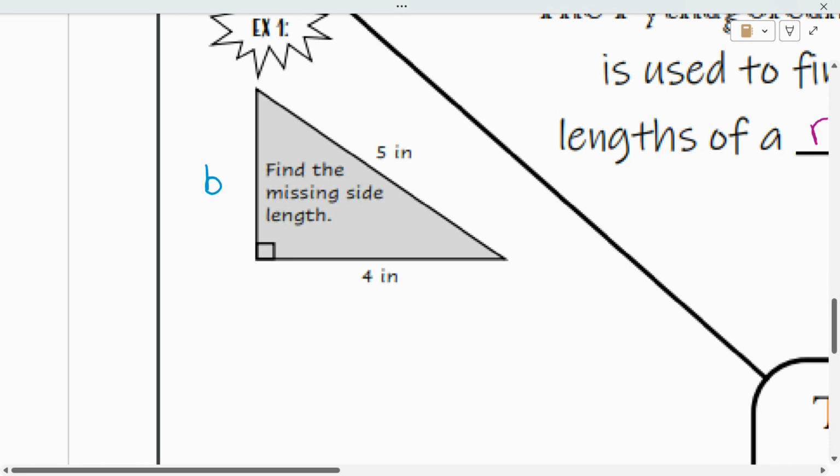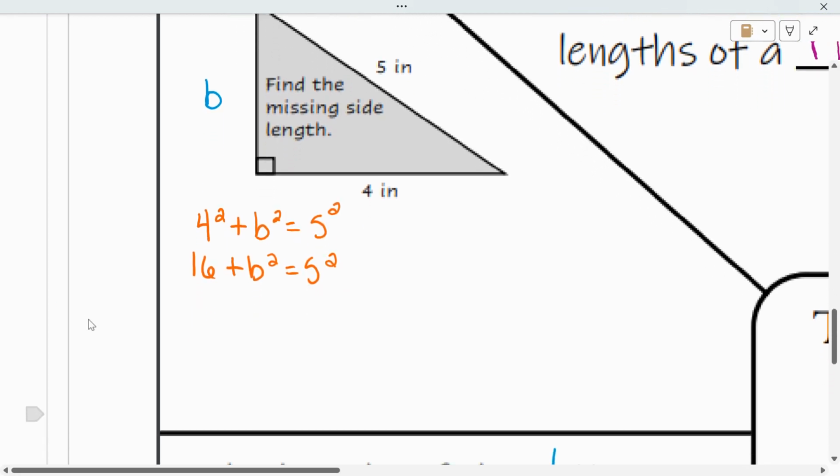Someone who hasn't shared yet. What do you got, Tim? 4 squared plus B squared equals 5 squared. Okay. So 4 squared plus B squared equals 5 squared. This is the first one we've done like this. Oops. I need to turn that 5 squared into a 25. Sorry. So now what am I going to do? Because I'm just solving an equation.